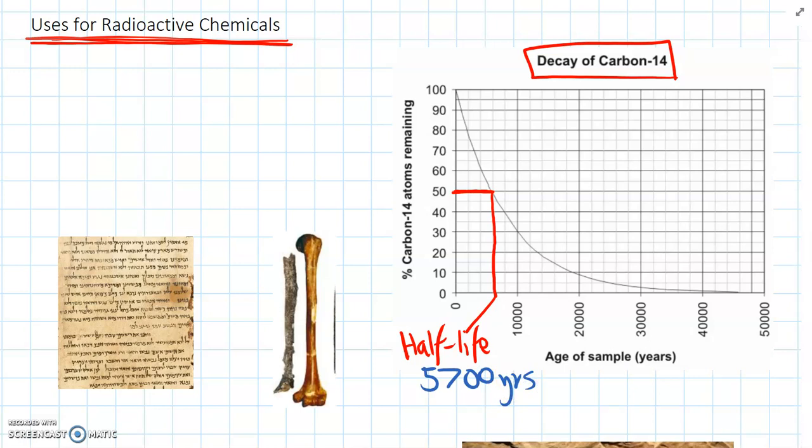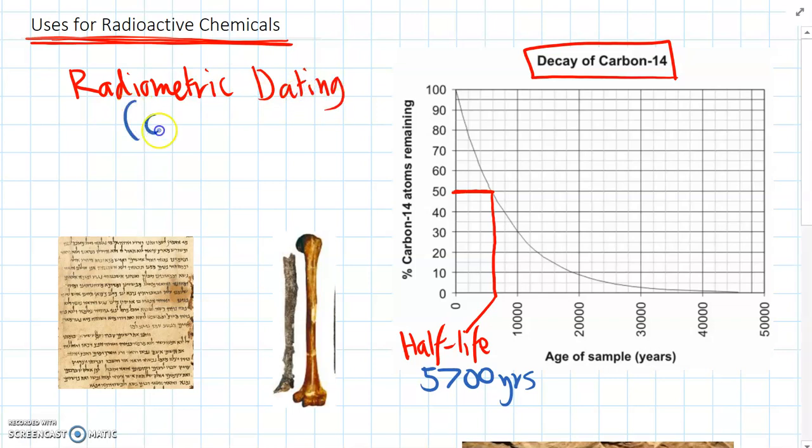And one of the best uses for particularly using radioactive carbon-14 is called radiometric dating. That's the proper scientific name. The common name you might have heard is just carbon dating.